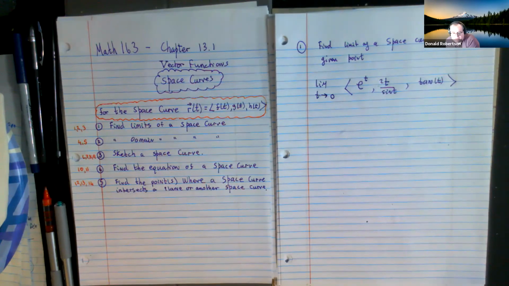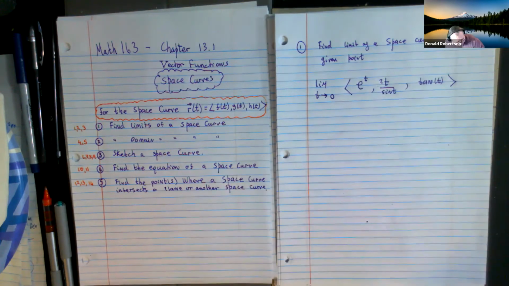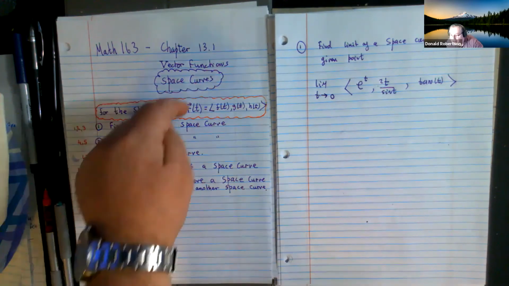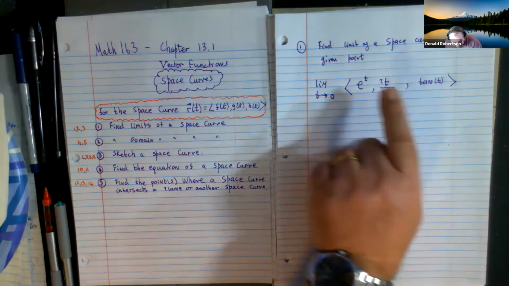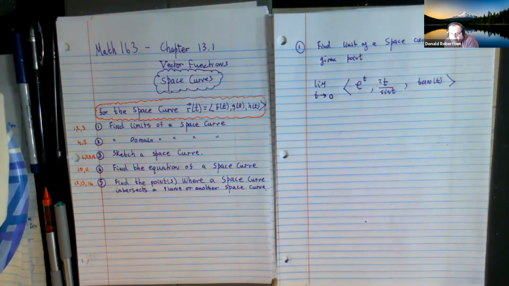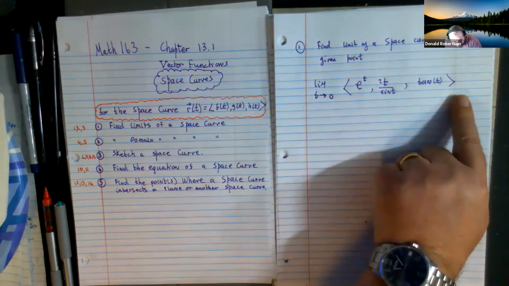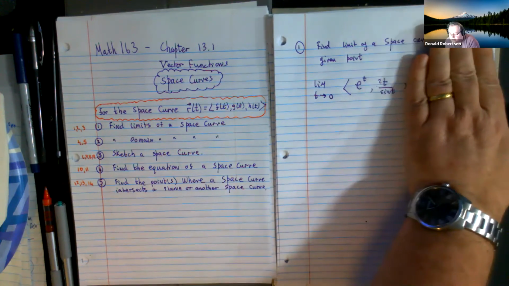Now, on Wednesday, when we introduced space curves, we showed you that if you want to differentiate a space curve, don't you just differentiate each piece? I know that's not in the list, but that's what 13.2 is going to be about, so you will get to do it. And if you want to integrate a space curve, don't you just integrate each piece? So if you keep that thought in your head, if I wanted to find the limit of this space curve, does it seem sensible that I just find the limit of each piece as t tends to 0?